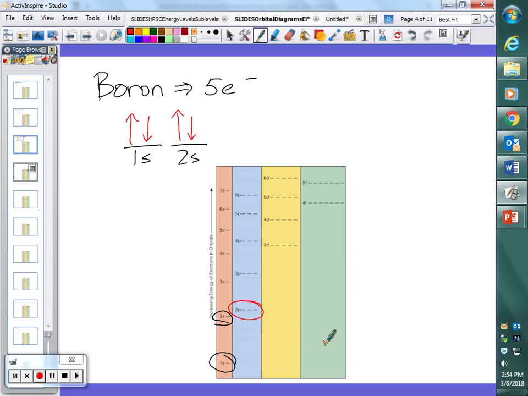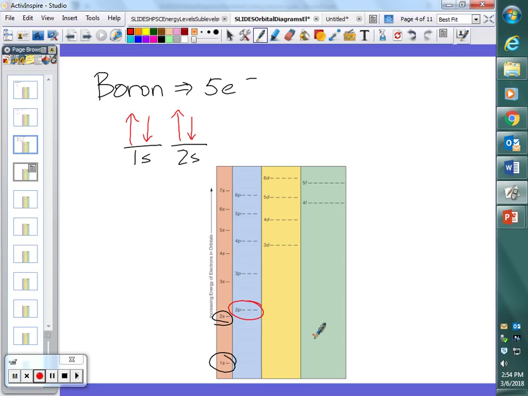There's 3 orbitals, right? There's an x-axis one, and a y-axis one, and a z-axis one. But what are you seeing about how far these lines are from the bottom of the chart? They're all exactly the same distance from the bottom of the chart.